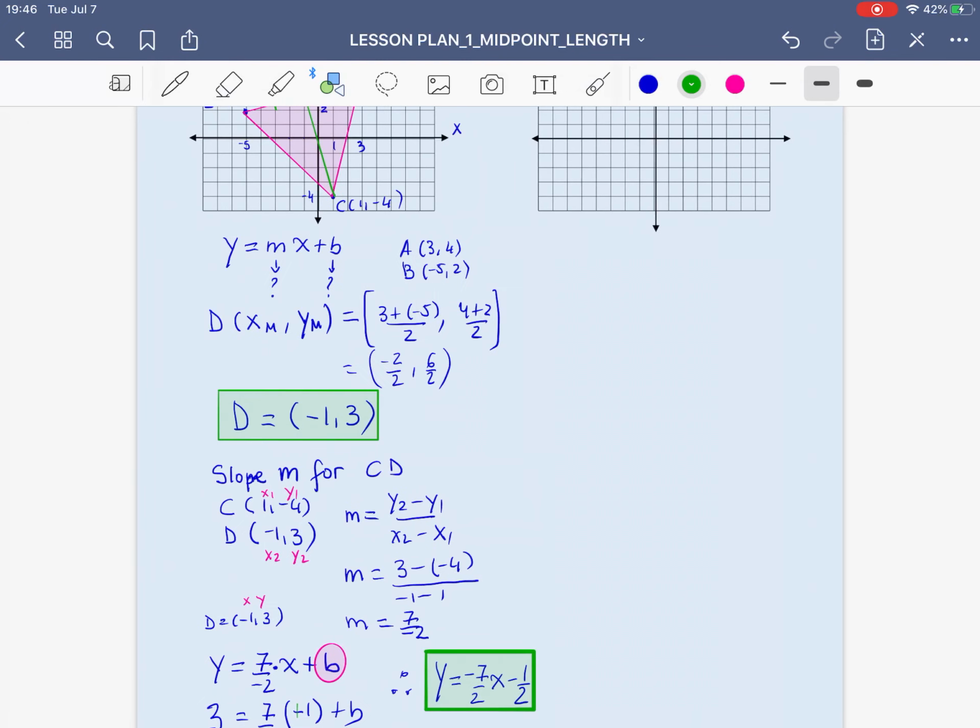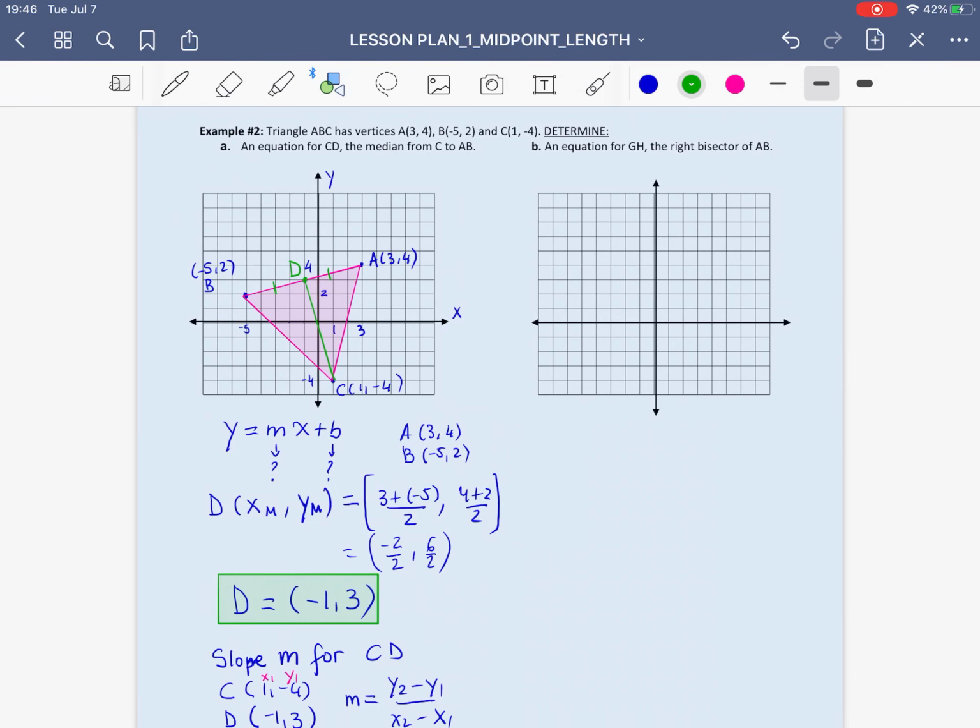Okay, so now we're going to move on to the next question, which is finding GH, where GH is the right bisector of AB. And I made a new diagram in here because I don't want to overcrowd this diagram. We're still using the same points. So I will quickly draw this triangle.